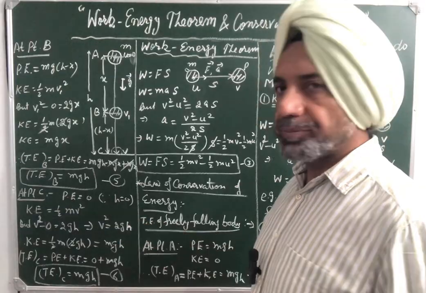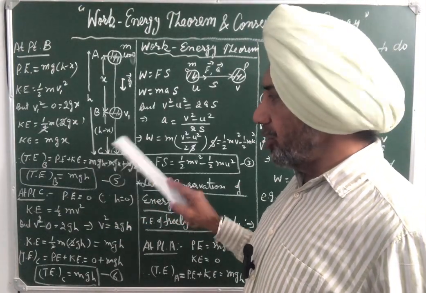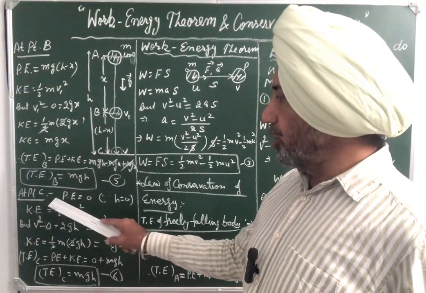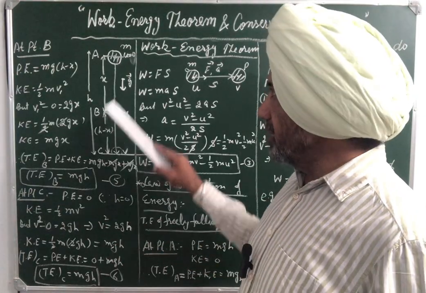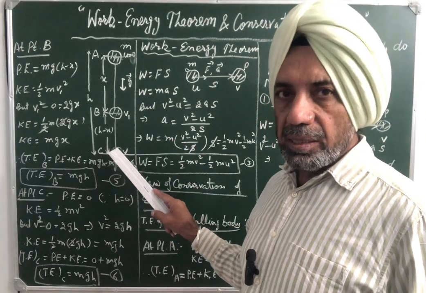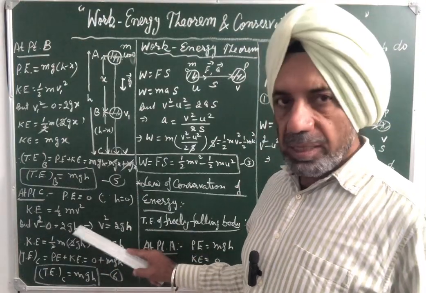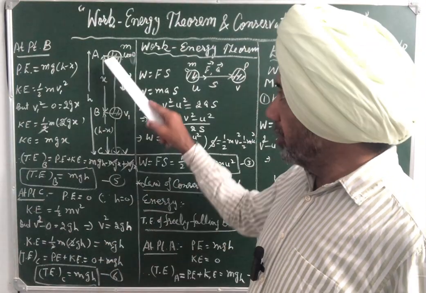Now at point C, there is no height, h is 0. It means potential energy is 0. Kinetic energy is half m v square. Let v be the velocity attained by the body just before striking the ground. So again using v square minus u square equal to 2as, we have v square minus 0 for journey AC.